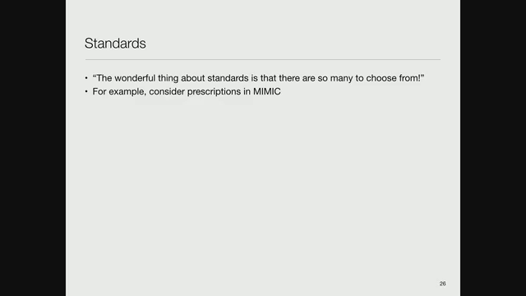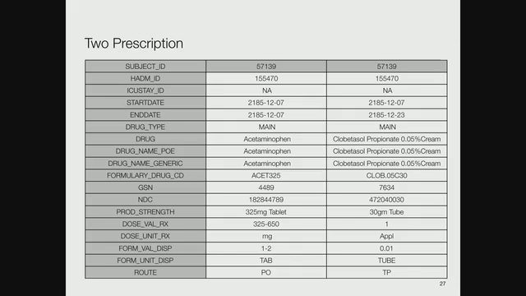So for example, if you look at prescriptions in the MIMIC database, here are two particular prescriptions for subject number 57139, admitted on admission ID 155470. They have the same start date but different end dates.